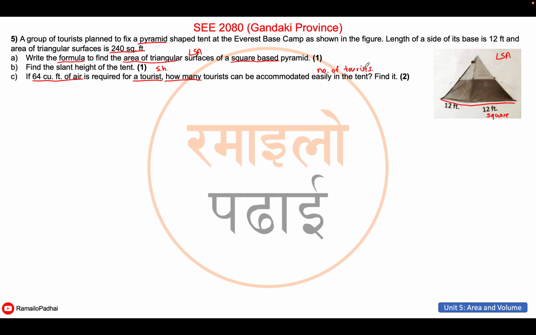For that we first need to find the volume of the tent and then divide that volume by the air required for a single tourist, and then we will find the number of tourists that can be accommodated. If you are getting confused with the term accommodated or accommodation, that means कति जना अटाउँछ, कति जना बस्न मिल्छ.